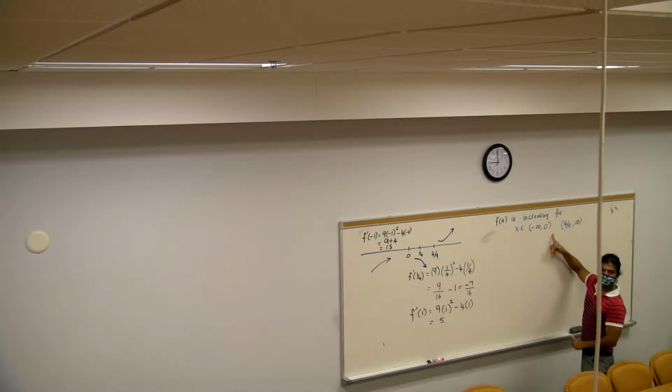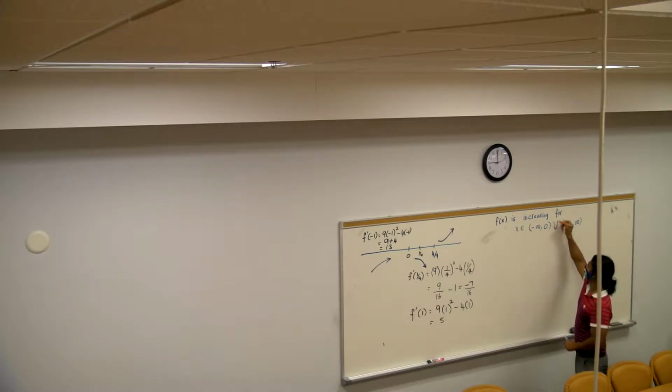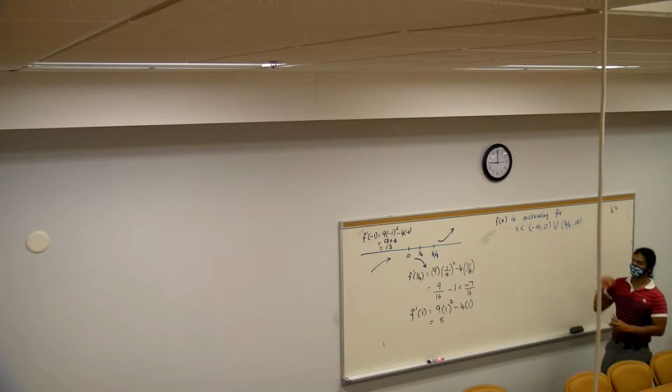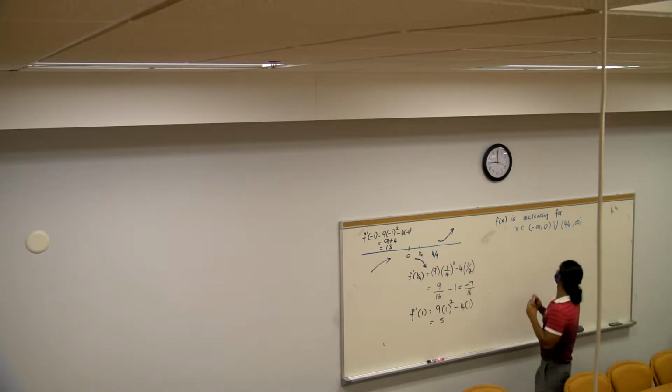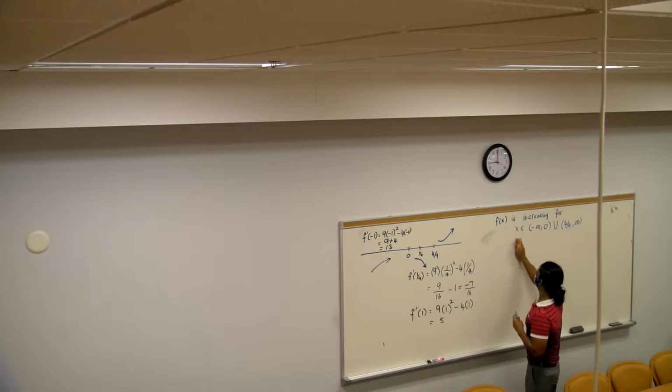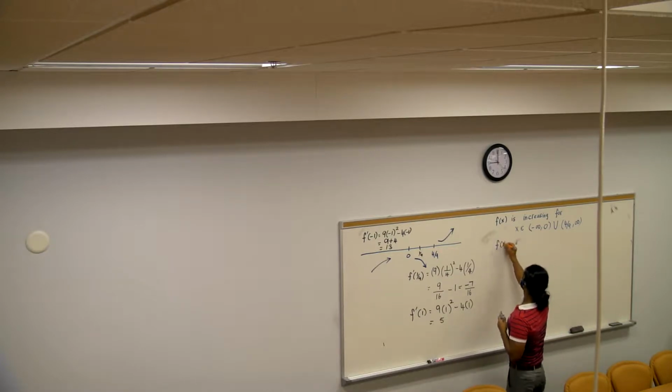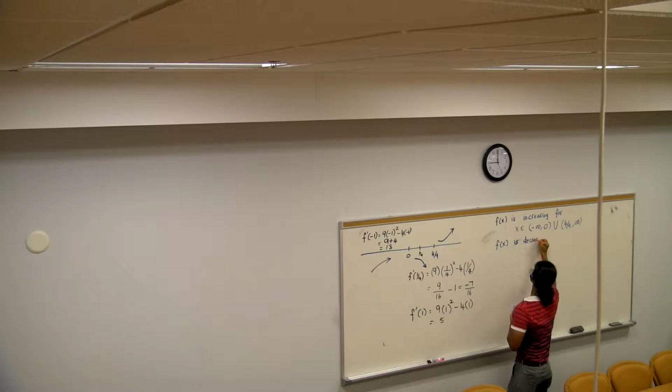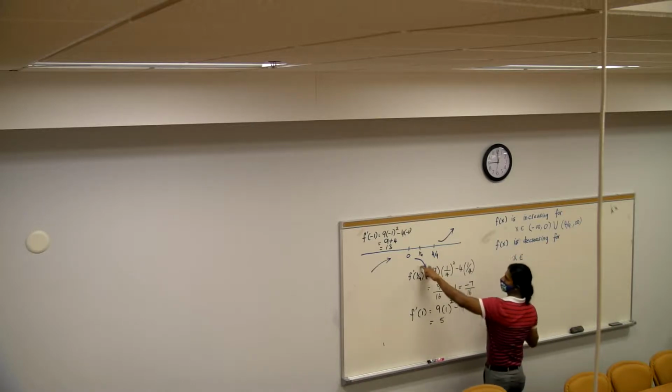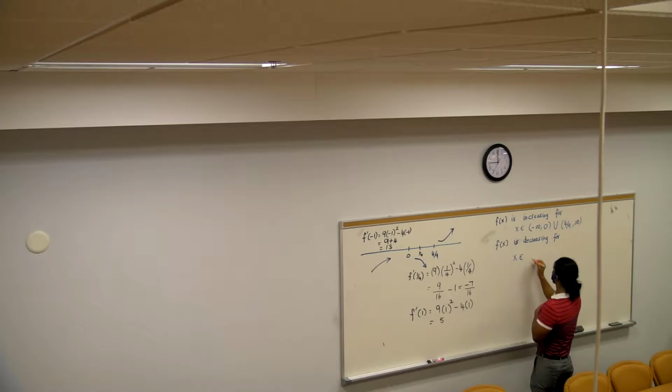The U thing, which stands for union, right? This or that. It is decreasing between 0 and 4/9.